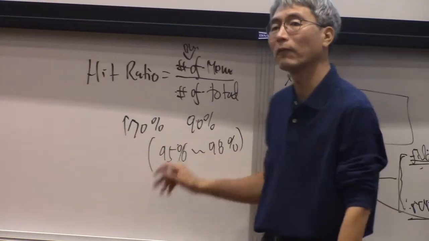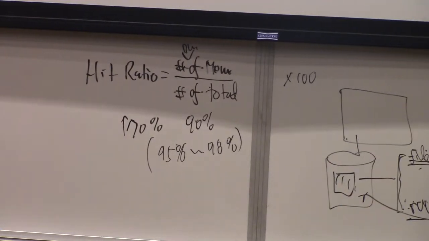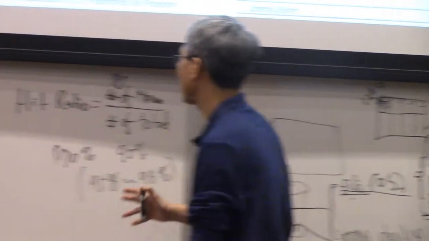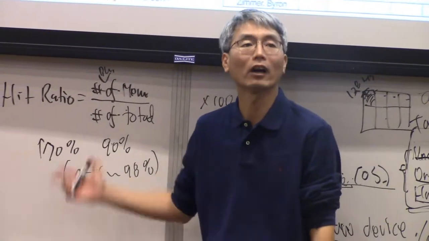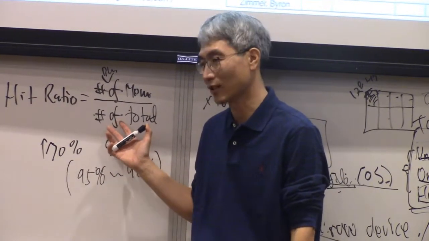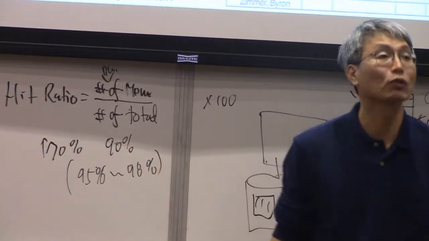If less than 95, something is a problem, so you need to do something else. The query may be the problem, or the database administrator has a problem. It should be over 95%. It's very high. Because of that, the DBMS is faster, even though it's very complicated, at finding the data.